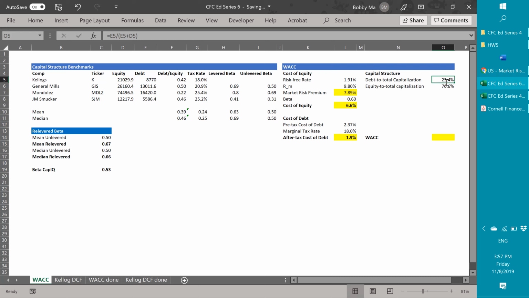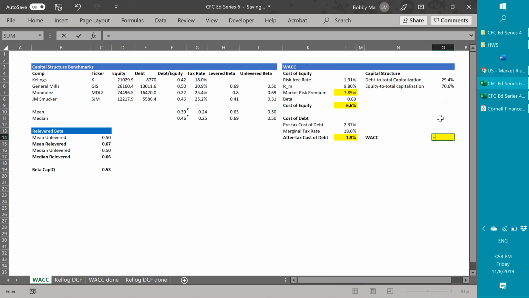And equity to total cap is the equity divided by equity plus debt. So it's the percentage of how they fund their assets from both equity and debt. Basically 70.6% of Kellogg's operations are funded through their equity, and 29.4% through their debt.